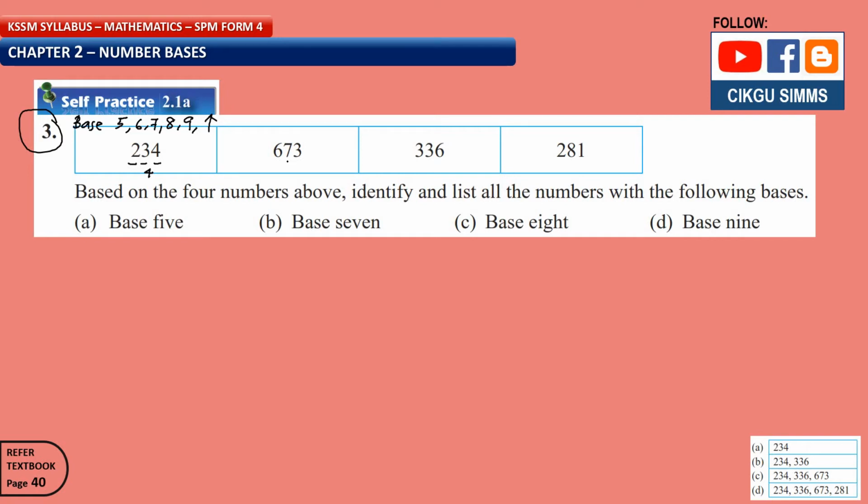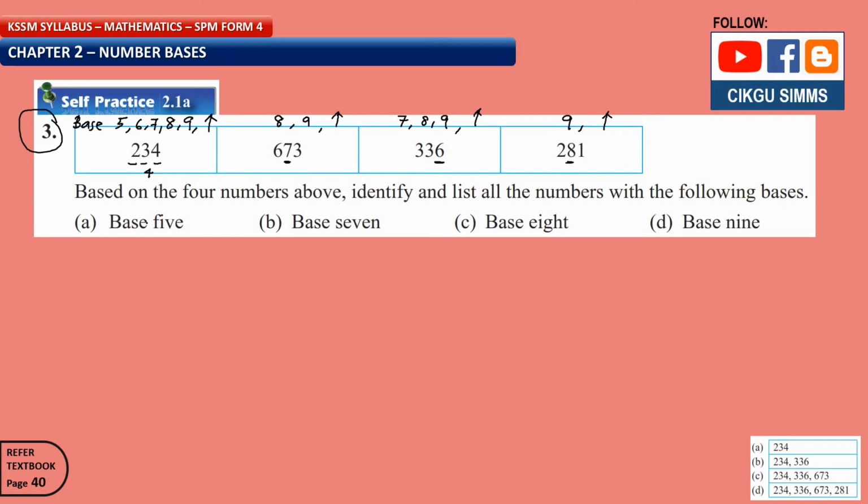For this one, the highest number is 7, so it can be base 8 or base 9 or above. Okay, so for 336, this one is 6, so it can be base 7, 8, 9, or other bigger numbers. For this one, 8, so it can be base 9 or higher base.